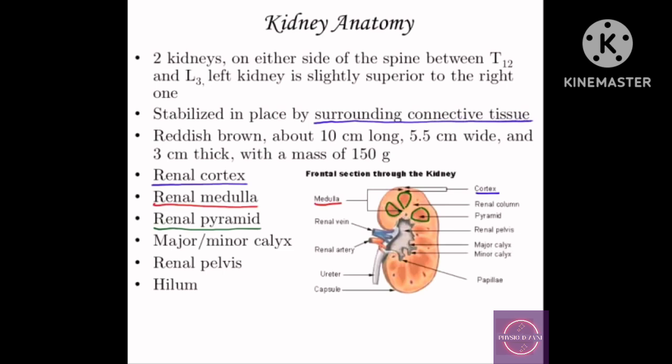These are the major calyxes here, and then it goes into what's called the renal pelvis. Let me use yellow for the calyxes. And here, these are the calyxes. And then the renal pelvis is this collecting area right in here.